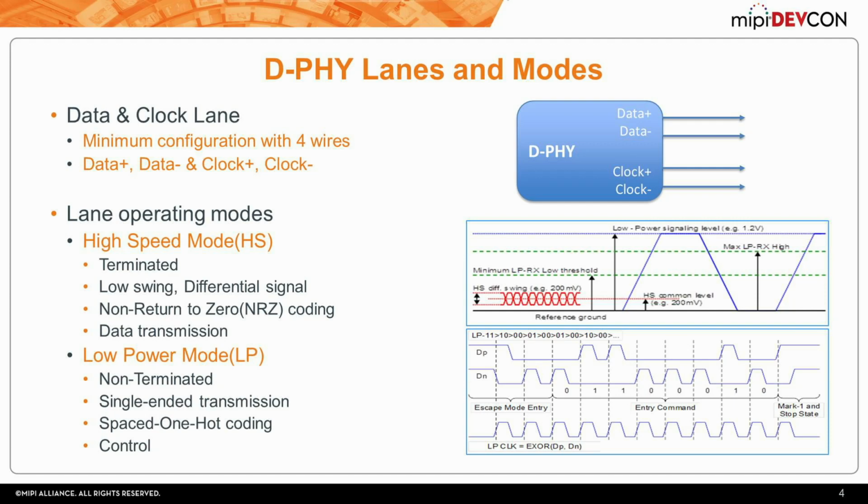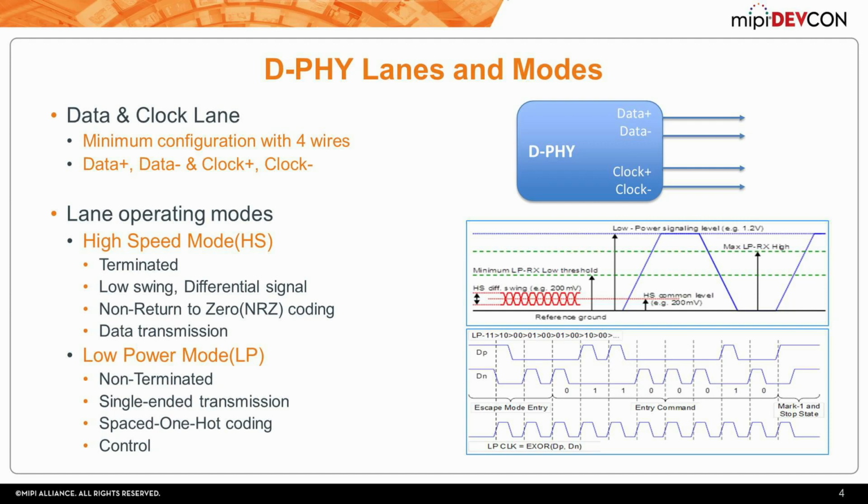And in D-PHY, each of the lanes can operate in 2 modes. The high-speed mode, which you see in red color here, is a slightly lower amplitude signal, which uses NRZ type of encoding. And the receiver at this stage is in the terminated mode of operation. And the toggle rate is high. It runs into many gigabits per second.